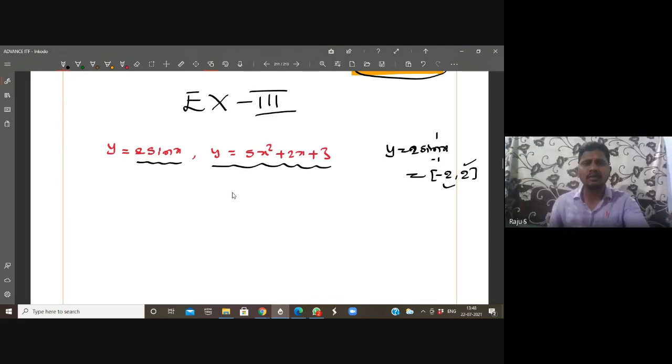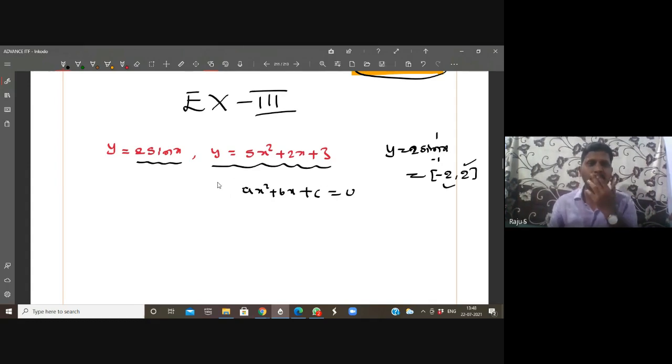Yes students, what is the minimum value? For a quadratic ax square plus bx plus c equal to 0, what is the minimum value?